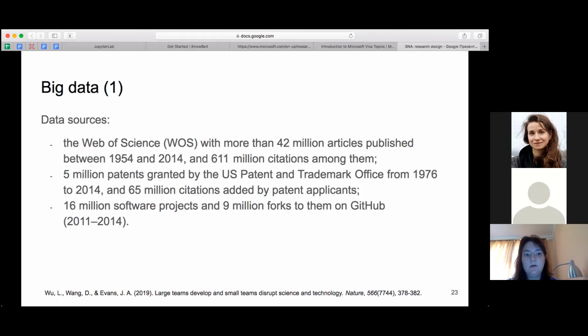This is, to my mind, one of the most interesting studies about the science of science. Authors collected information from three very big databases: Web of Science, the database of US patents and trademarks, and GitHub.